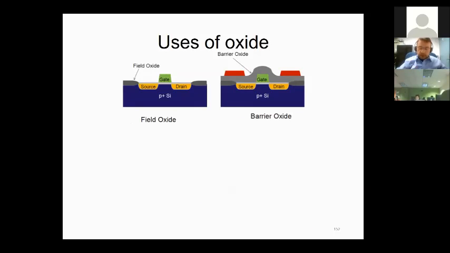Okay, what other types? Well, we built our transistor, but we like to isolate our transistor from its neighbors. So there might be another transistor like here. In between those two, you'd like to put these kind of isolation centers. So they're going to be the field oxides there.